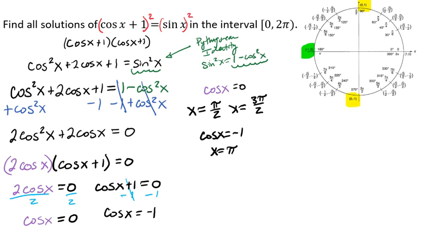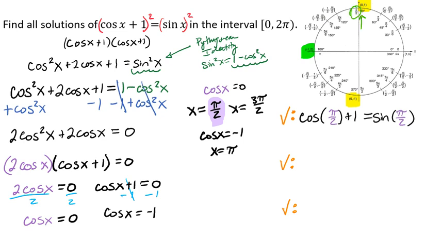And so now we need to check our solutions. We need to check all 3 of those, in fact. So we're going to have 3 different checks, where we plug them into our original equation. Let's check our pi over 2 first. So now with it plugged in, the cosine of pi over 2: we go to pi over 2 on the unit circle and look at the cosine, or the x value, and it's 0.